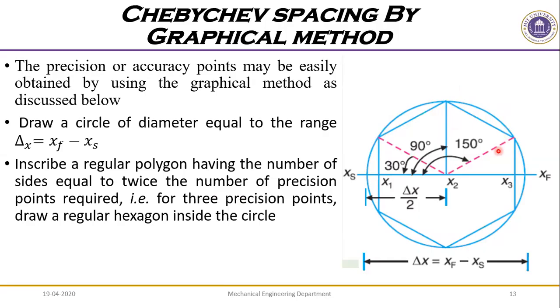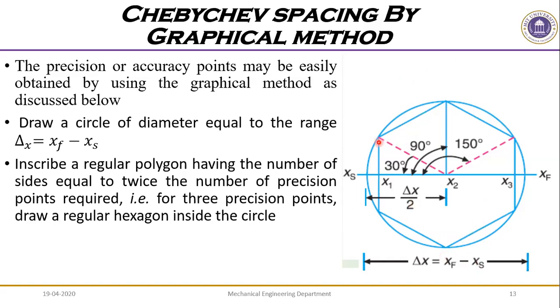If you have to find out up to 2 precision points, the number of sides of the polygon is 2 into 2, that is 4. So you have to inscribe a rectangle there. In this case, suppose you have to find the solution up to 3 precision points. So we make a regular polygon, a hexagon. So you have to draw a hexagon in the given circle having diameter equal to range.